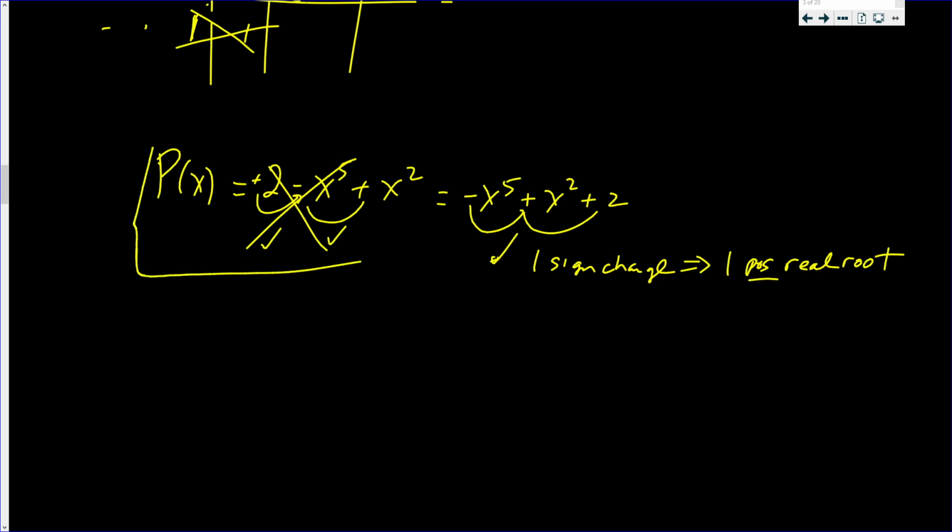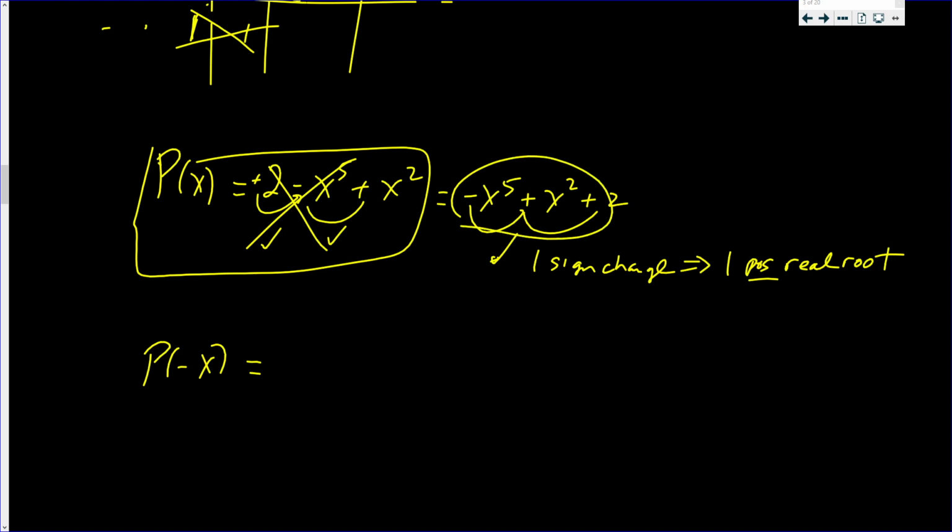And why is it a positive real root? Because we're looking at p of x. When we look at p of negative x, that changes. P of negative x, I will use this rule, is negative x to the fifth plus x squared plus 2. And you plug in negative x.